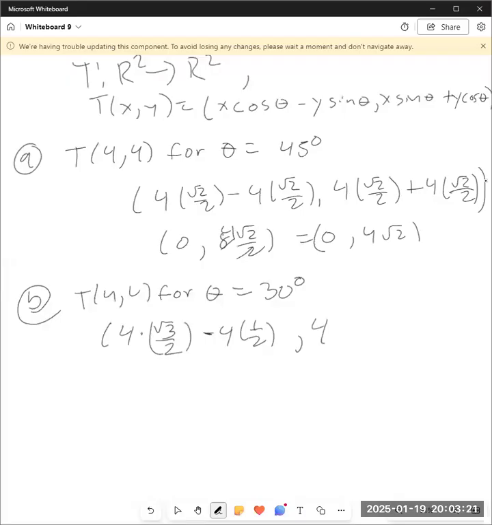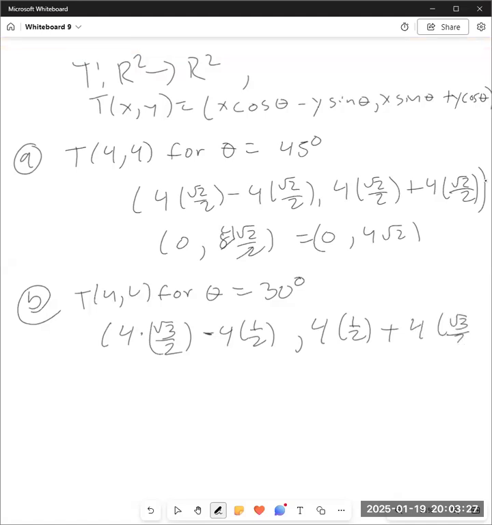And then that's 4 times the sine of 30 degrees plus 4 times the cosine of 30 degrees, which is 2 root 3 minus 2, and then 2 plus 2 root 3, which is the same as 2 root 3 plus 2.